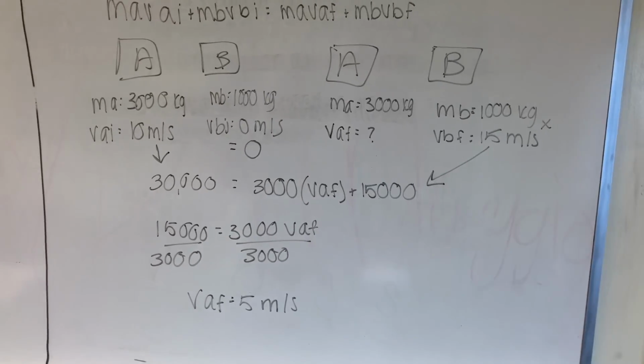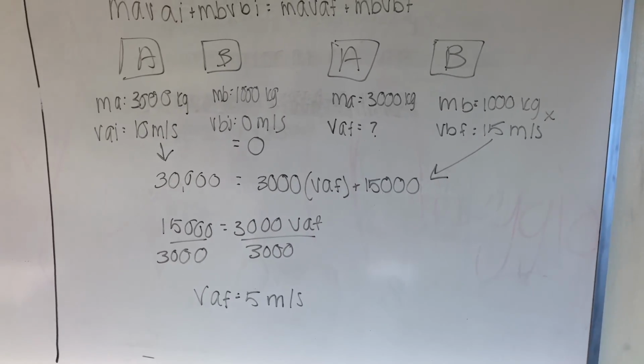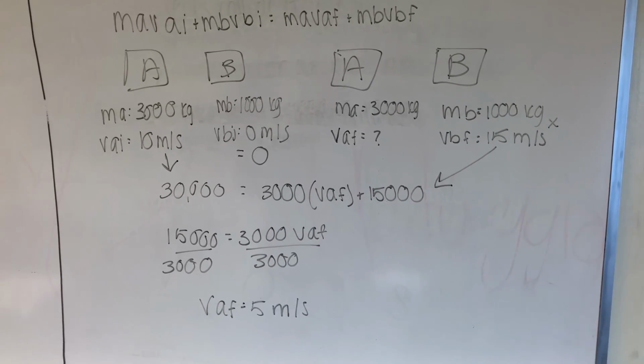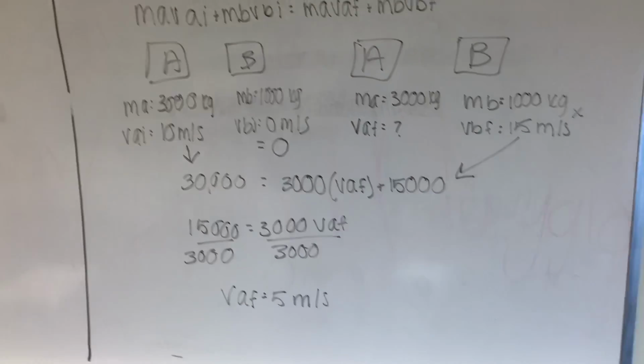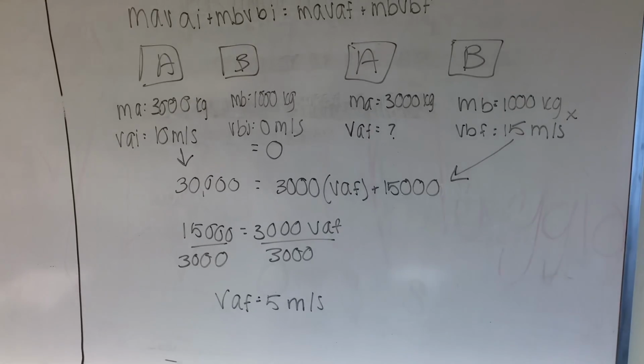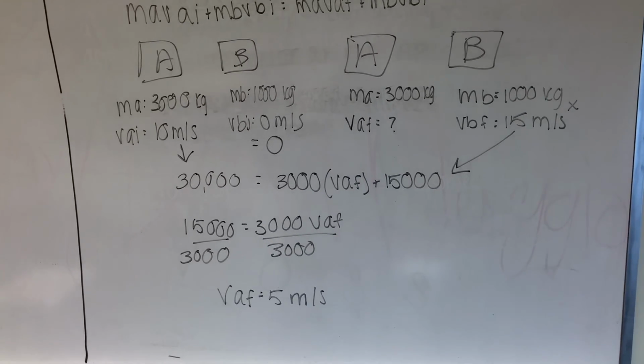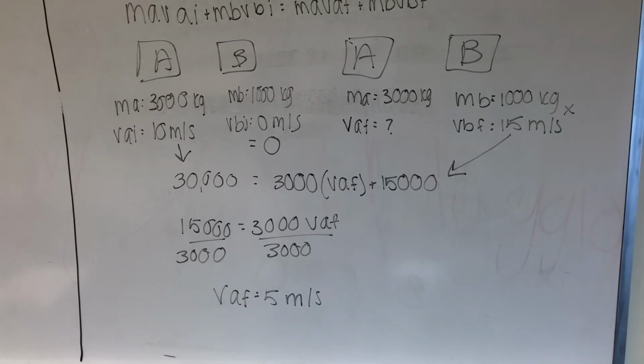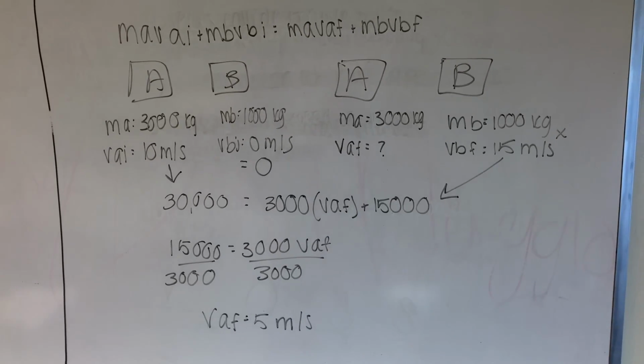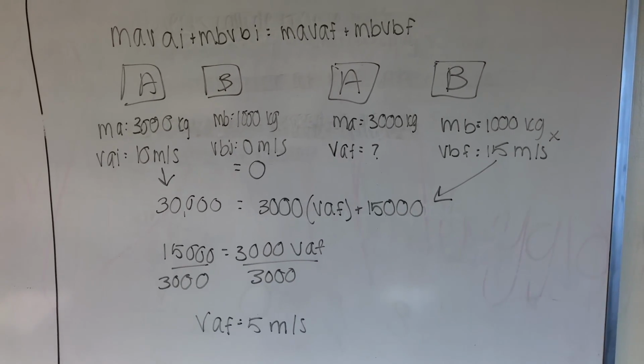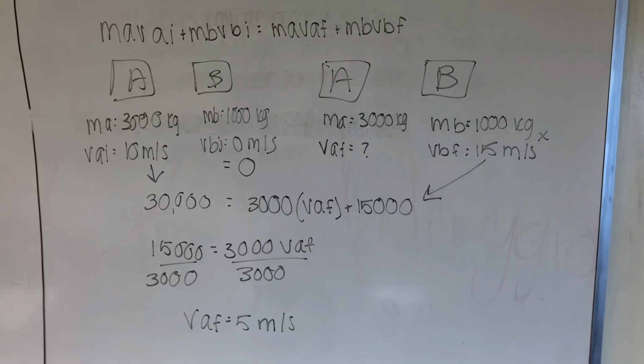Plugging this into the equation, we get 30,000 equals 3,000 times vAf plus 15,000. Subtracting 15,000 from each side, you end up with 15,000 equals 3,000 vAf. Dividing both sides by 3,000, you get a final velocity of 5 meters per second for object A.